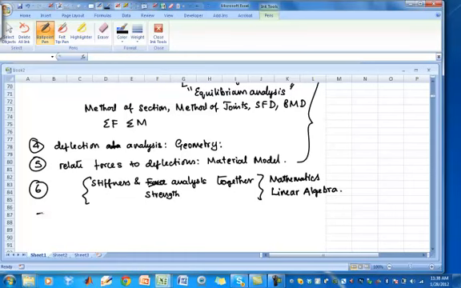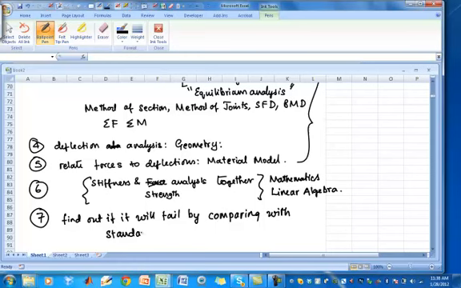And the last step is find out if it will fail by comparing with standard experiments. Okay, so this is the 7-step process.